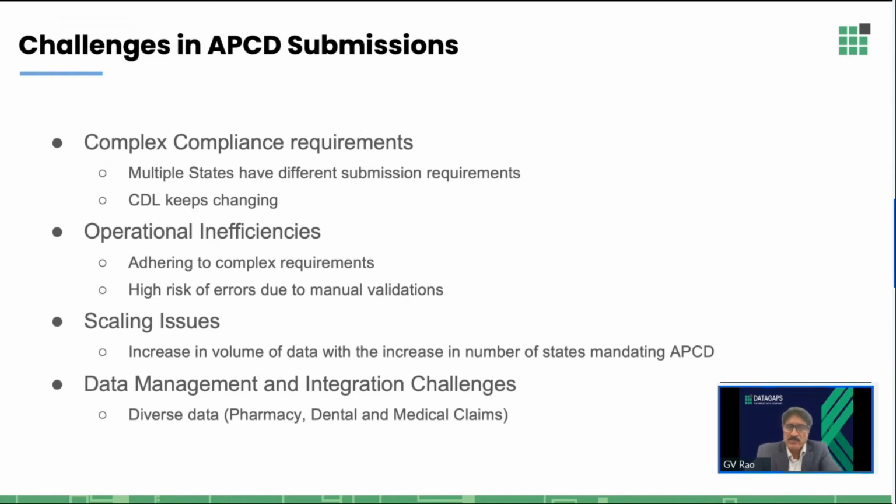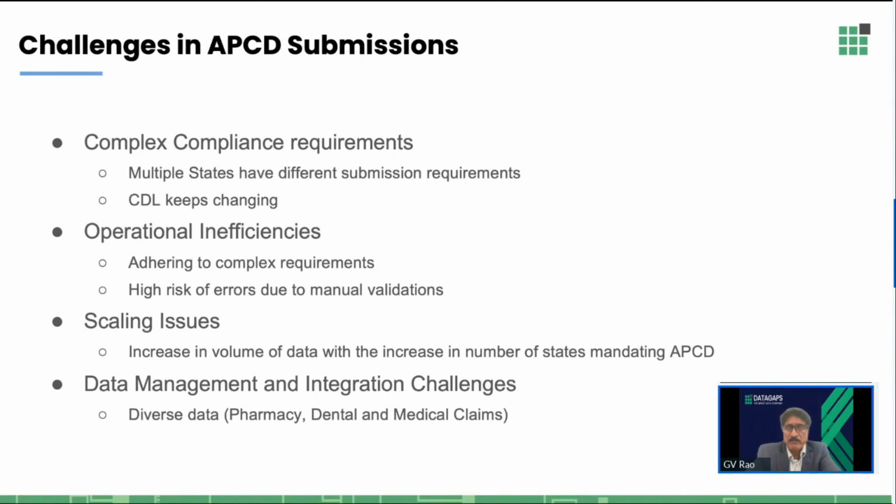So what are the challenges in these submissions? Because of the complex compliance requirements, everything from data duplicity, to what the length of a data field should be, to how the data should be reflected, with multiple states having different submission requirements.